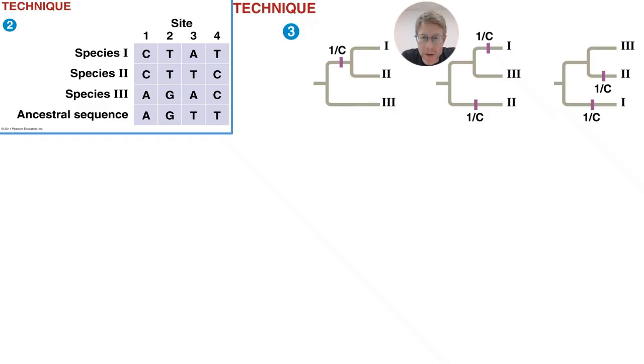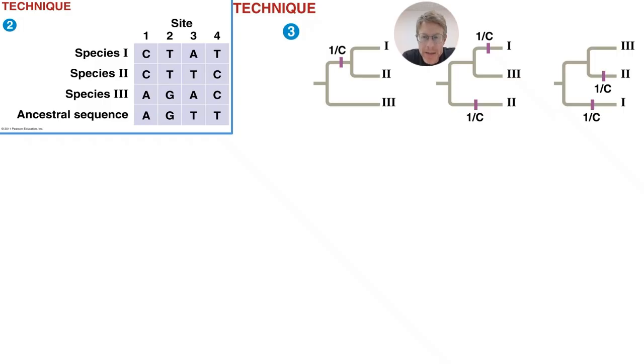So this is how you would go about doing it. These are the three hypotheses, the 3 possible trees. Now what's marked there in purple is what would have had to have changed at site 1 for that tree to be true.